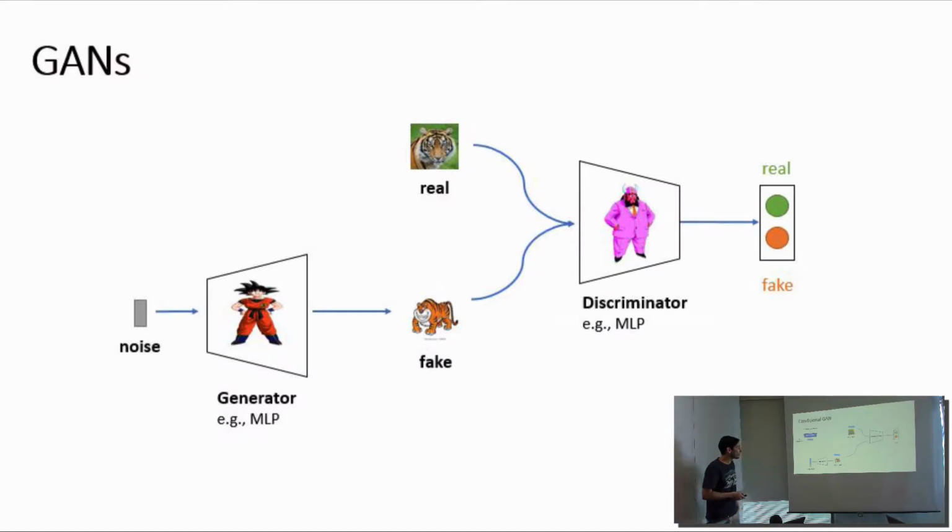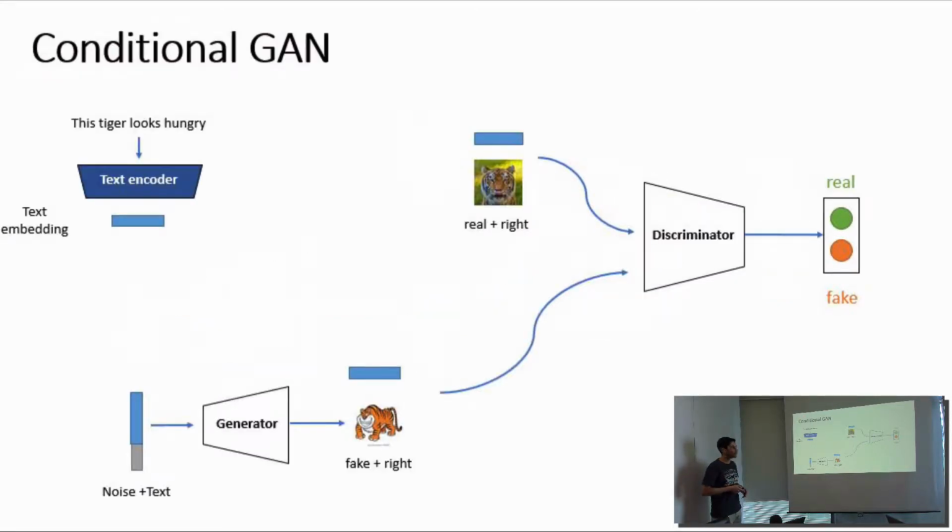Now, let's try to build this image synthesis GAN step by step. The first and naive solution is to consider what is called in the community a conditional GAN. It means that, conditional on something, I will try to generate something else, right?